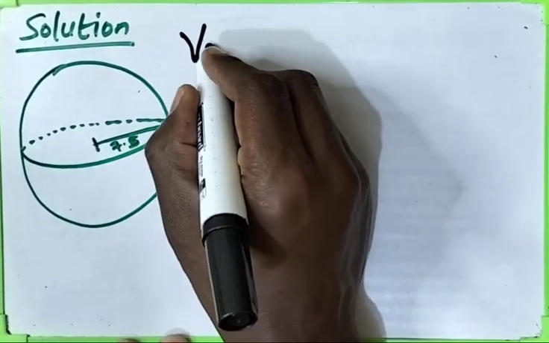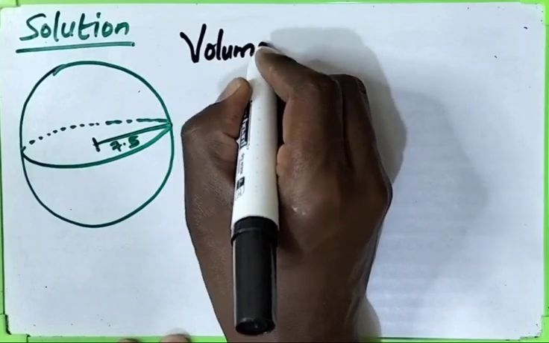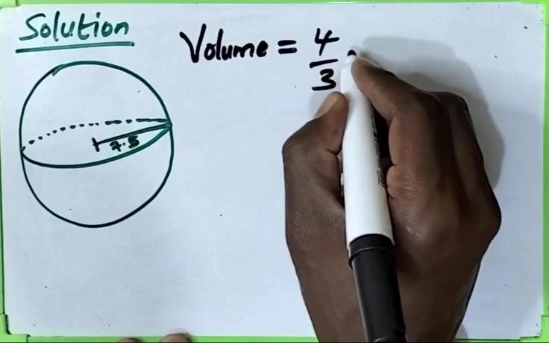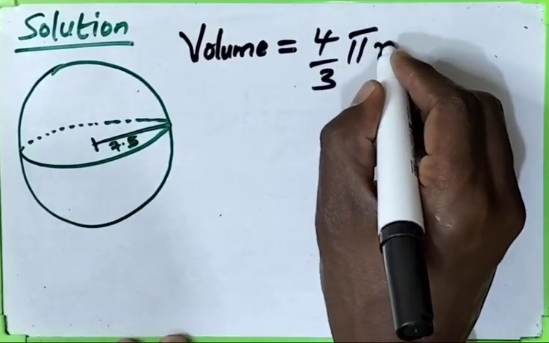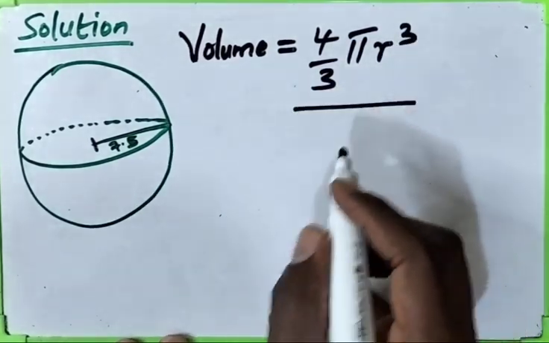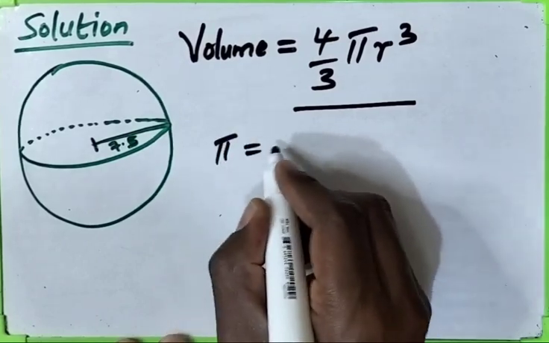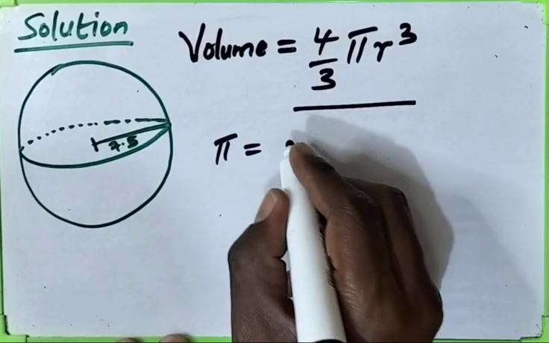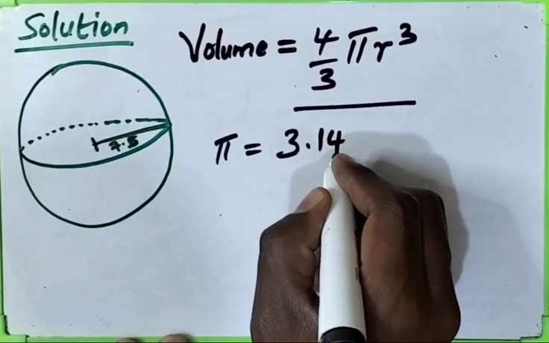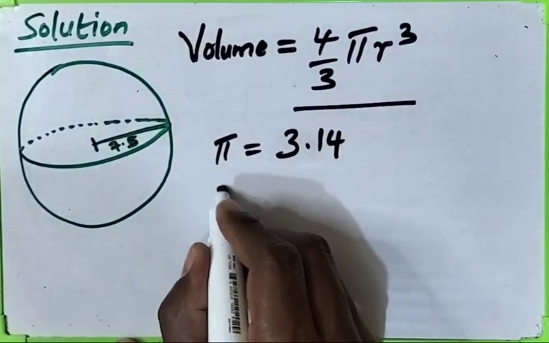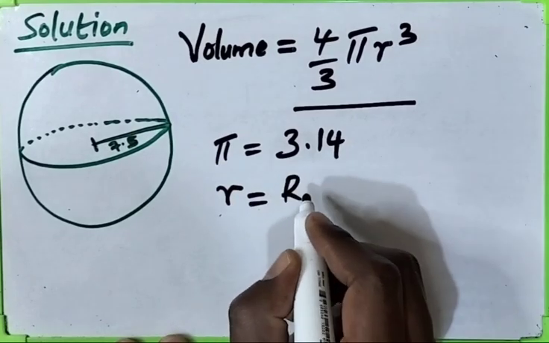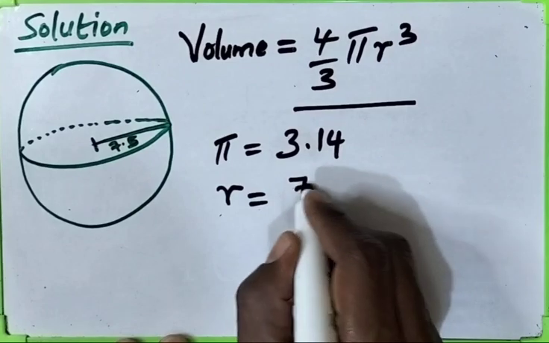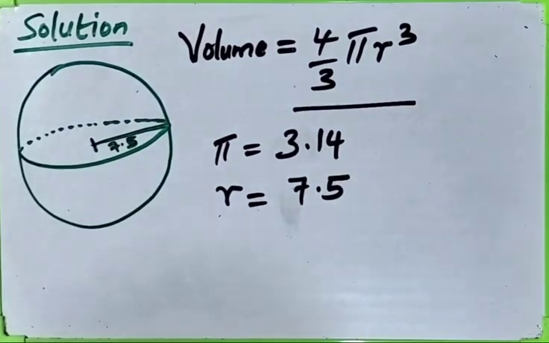Volume is equal to 4 over 3 pi r cubed, where pi is a constant, and we shall be using 3.14, and of course r is the radius, which we are going to use as 7.5 because it is given.